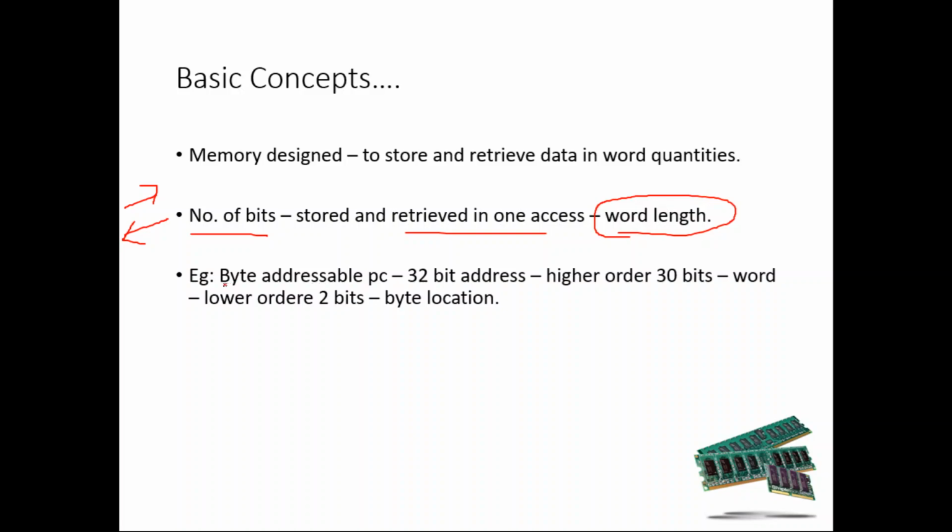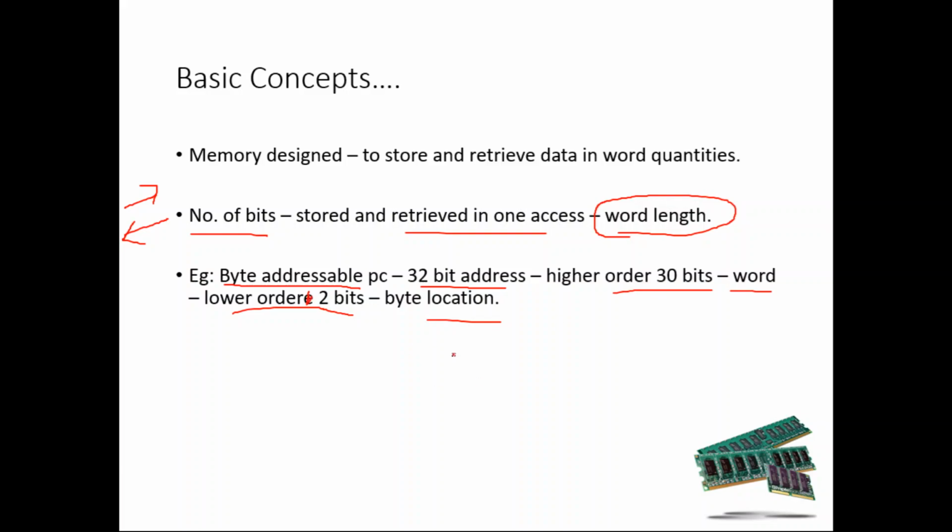For example, let us assume a byte addressable computer. It has a 32-bit address bus. In that case, probably the higher order 30 bits may refer to the word, that is, which word is to be accessed, and the lower order 2 bits may refer to the byte locations. So what does it mean?